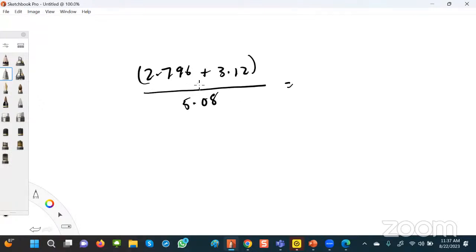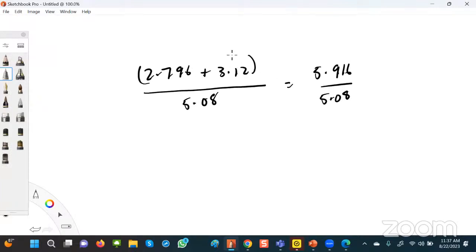Now remember, whenever you're adding or subtracting, you round off according to the lowest number of decimal places, right? So what I'm going to do is put 2.796, and I'm going to add that to 3.12. So on my calculator display, I got 5.916 divided by 5.08.